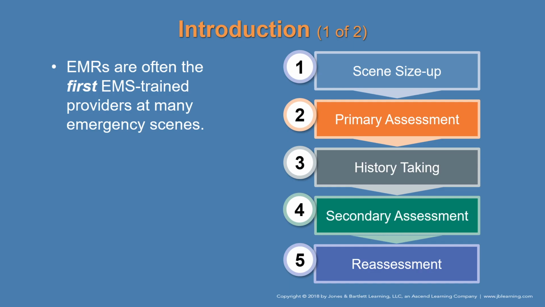So the 5 steps that we have here, our first step is a scene size up, right? And this is before you touch the patient. The second step is what we call the primary assessment. And this is a very, very quick, rapid assessment of the patient's life threats, right? In a lot of cases, the primary assessment can be done in the time you can hold your breath.